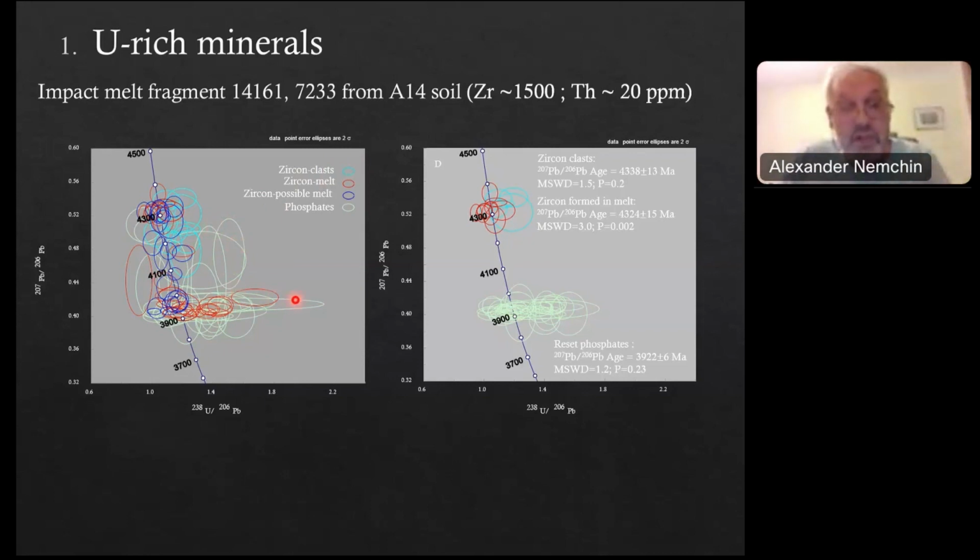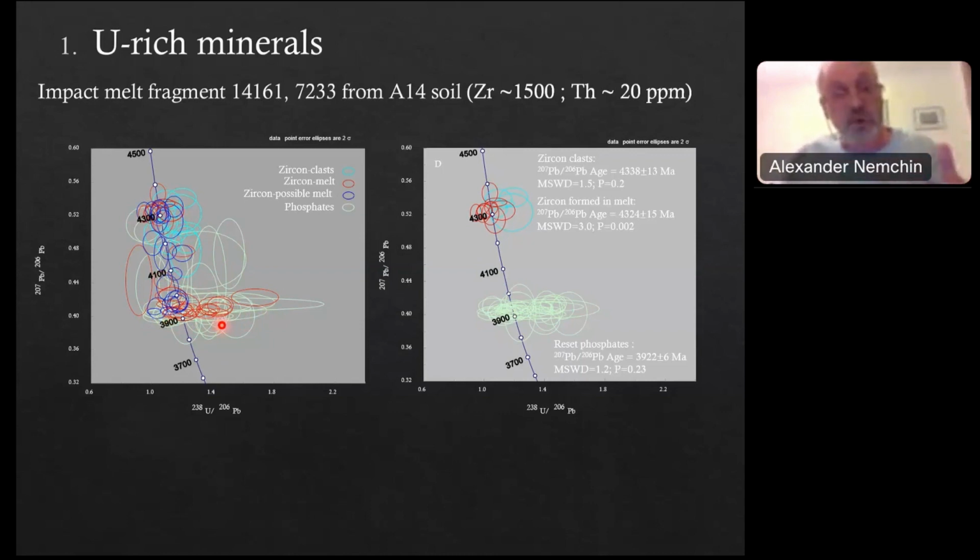And very light green is phosphates. If you look at the first diagram, there is a spread between 4.3 and 3.9. The majority of the zircons are focused here, and most of the phosphates are at the lower part of this diagram.